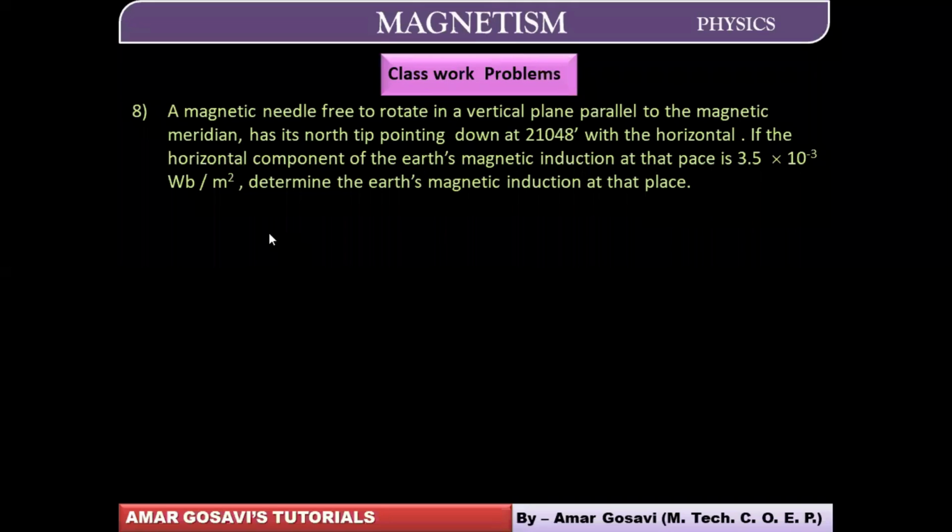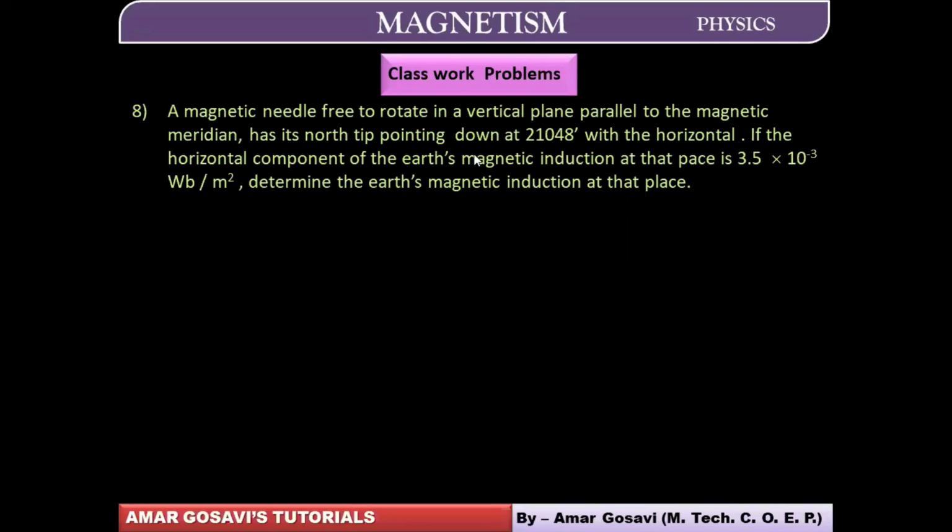So in this problem, they say a magnetic needle free to rotate in a vertical plane parallel to the magnetic meridian has its north tip pointing down at, this is 21 degrees 48 minutes, it's not zero over here, with the horizontal.